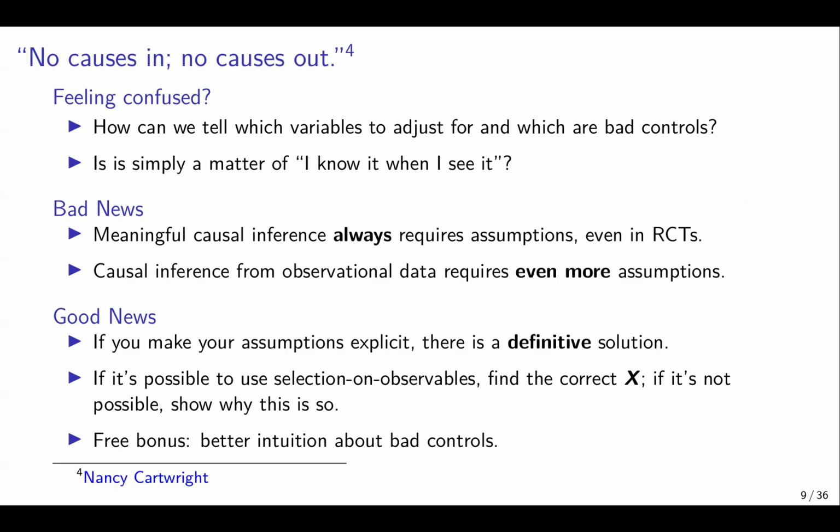If it's not possible, we can also show why that's the case. And as a free bonus, we're going to get some better intuition about bad controls. The title of this slide, I should say, comes from philosopher of science Nancy Cartwright, who said, "No causes in, no causes out." And that's a great way of putting my bad news from this slide.